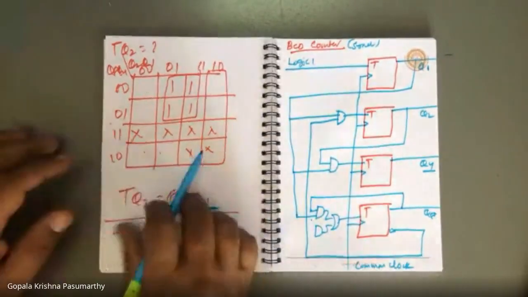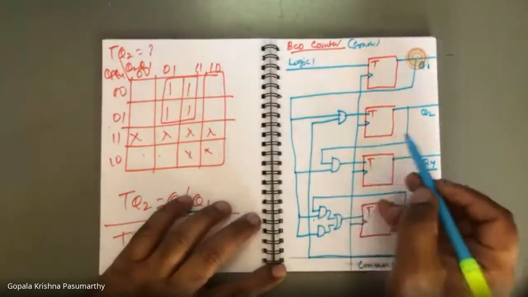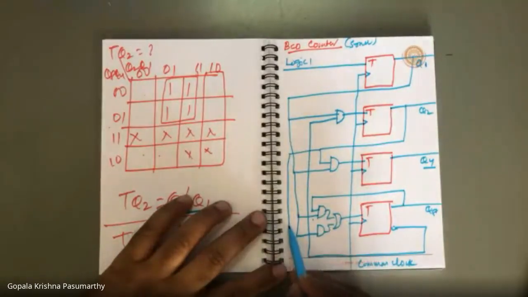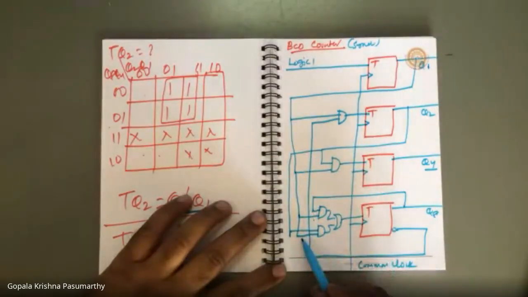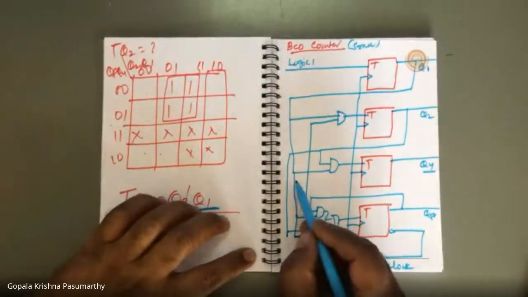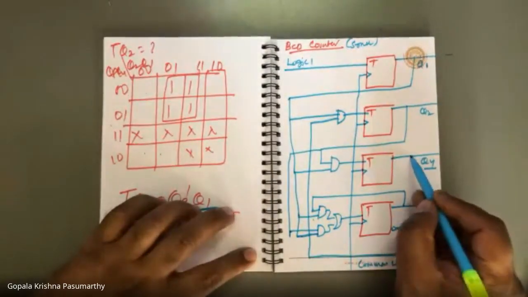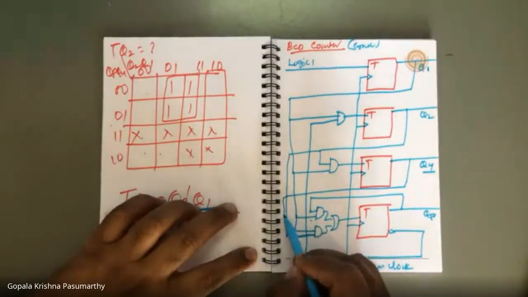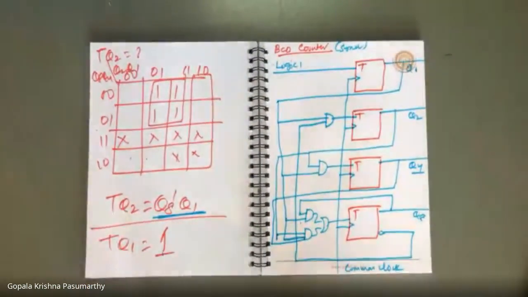Next is Q4 Q2 Q1: this is Q1, this is Q2, and we have to connect Q4. This is how the synchronous BCD counter is designed.